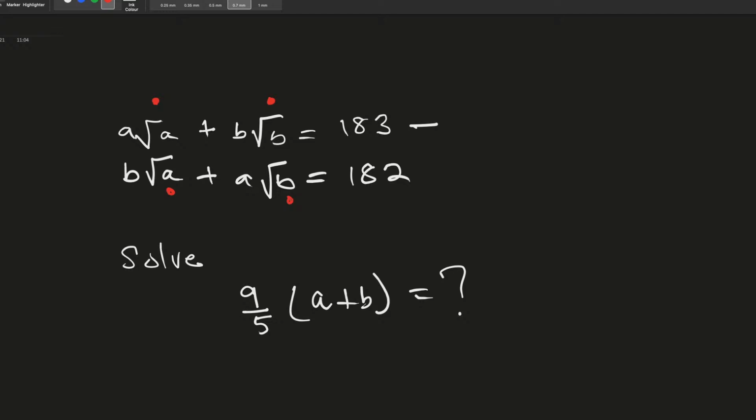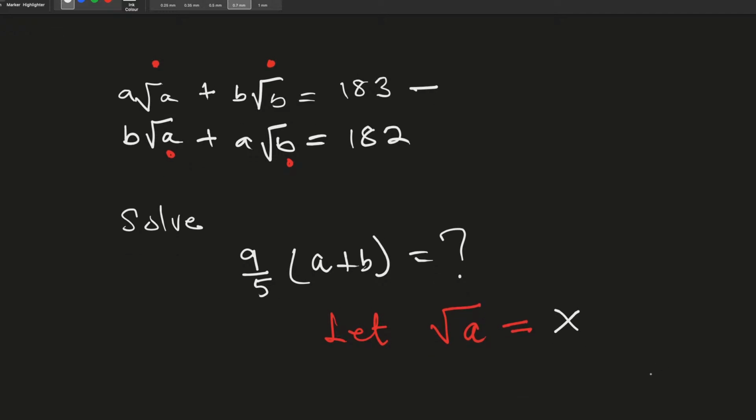Without wasting time, let the square root of A be equal to x. We're just making an assumption. Okay, friends? And in the same way, let the square root of B be equal to a variable, say y.